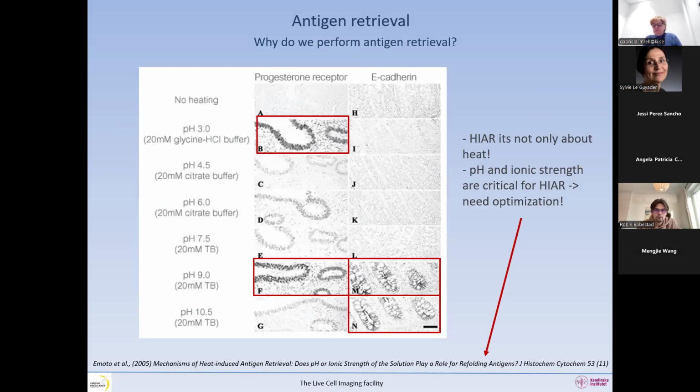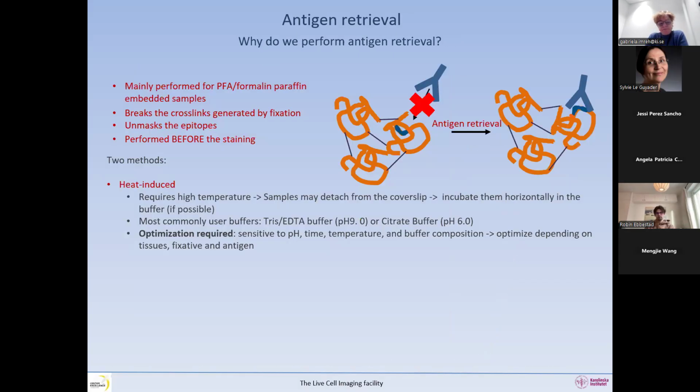So here, the heat-induced antigen retrieval is not only about heat, that you have a high temperature, but it's also about the pH and the ionic strength. And I can highly recommend this paper, which very nicely takes you through all the steps and why it's important and how to perform in the best way this antigen retrieval step.